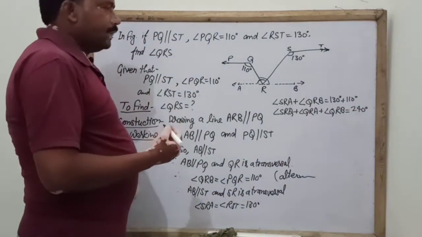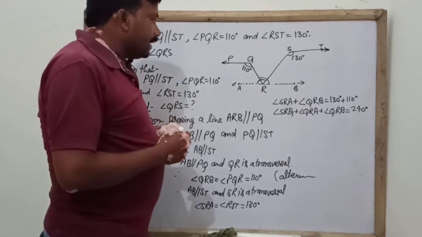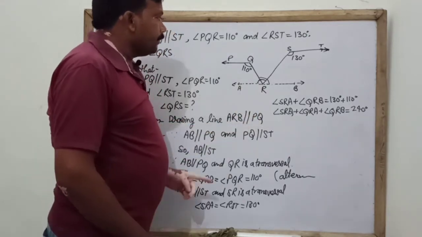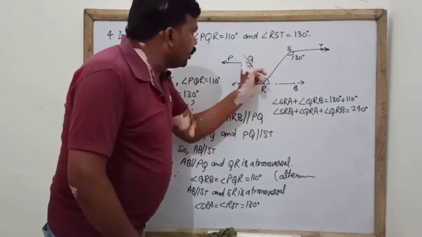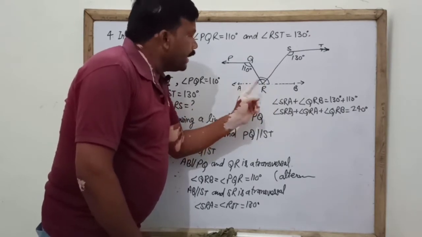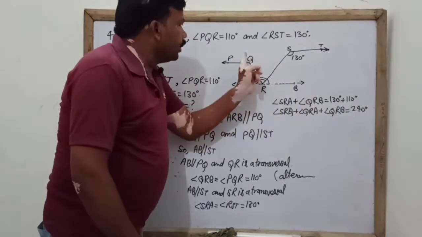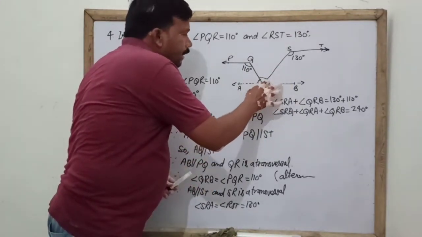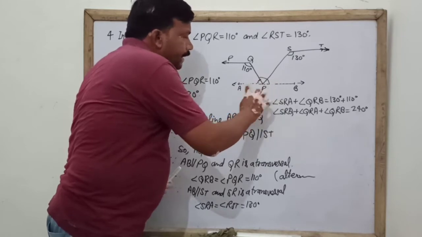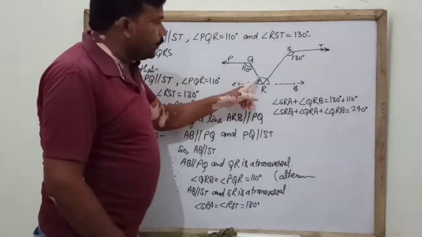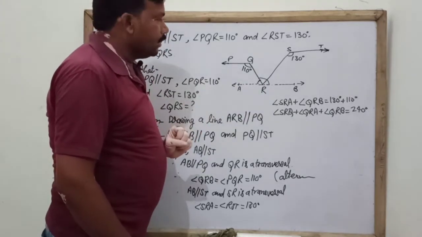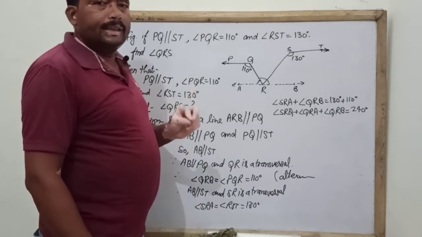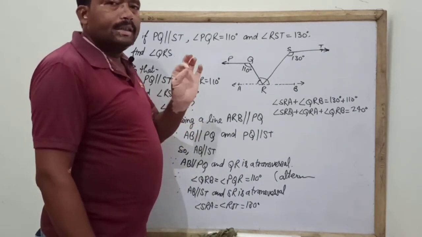Now if we add these two angles, angle QRA and angle QRB, means this angle and this angle, we are seeing here that these two angles are linear pair angles, and we know that linear pair angles are always supplementary.